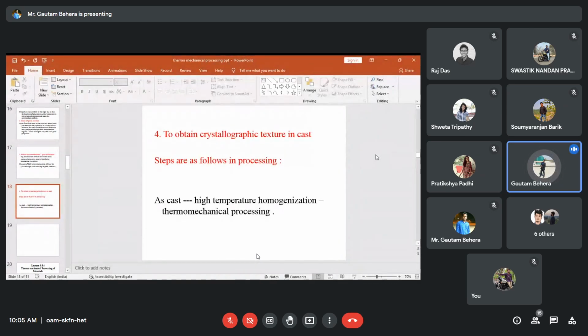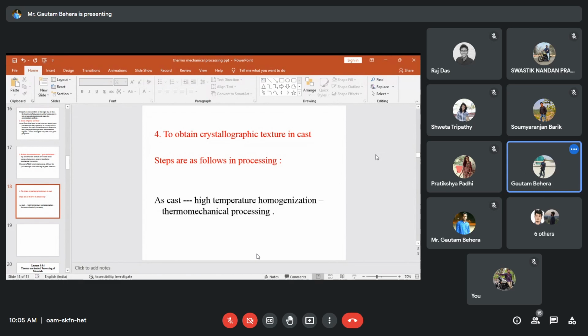We can orient the grains in that direction to get high permeability. Suppose we don't want high permeability, we can also orient the grains in other directions. Certain properties can be obtained with preferred orientations, so we can obtain them by mechanical or thermomechanical processing.